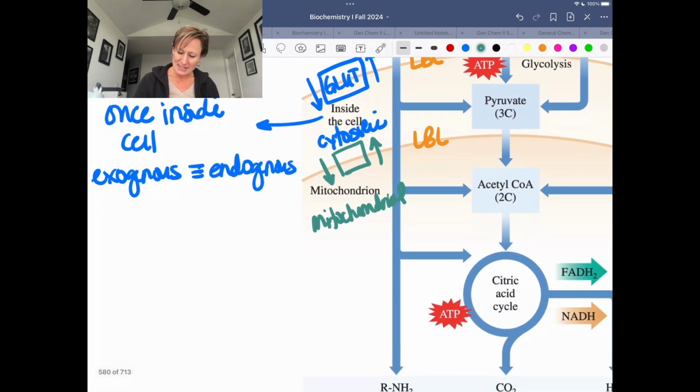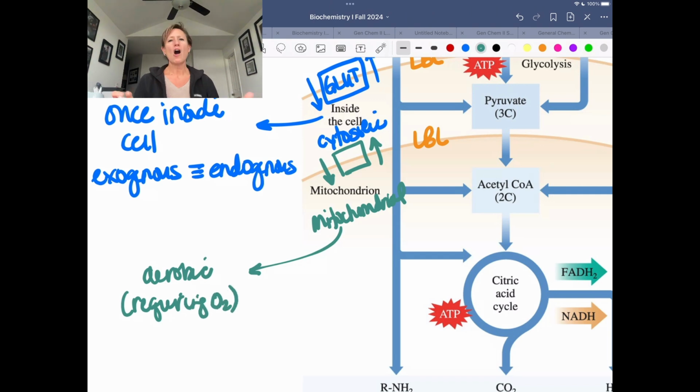Now, an important piece to highlight here: when we distinguish where and when processes will occur in the cytosol or the mitochondria, very often an easy delineation will be whether you are in an aerobic or anaerobic condition. If you want to do biochemistry in the mitochondria, it's generally going to be under aerobic conditions that require oxygen.